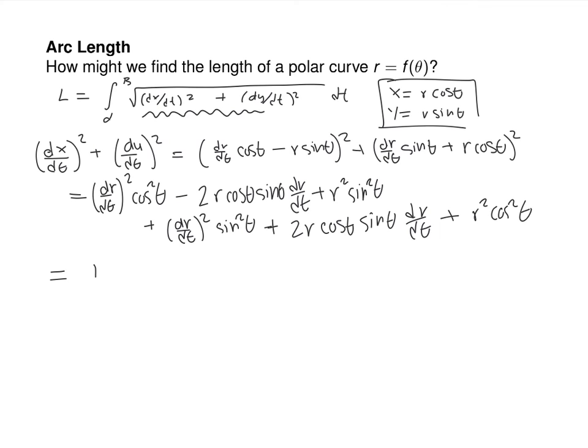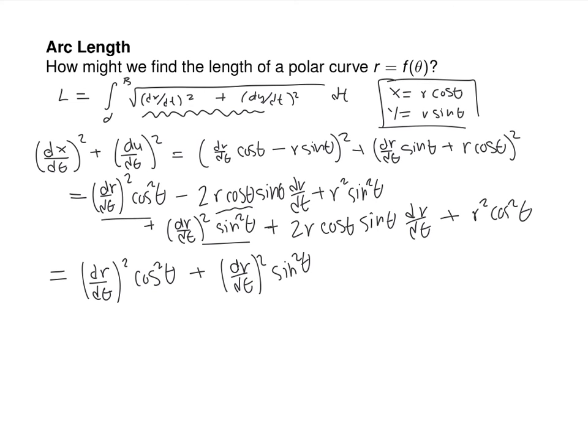We have dr d theta, the quantity squared, times cosine squared theta. We have a dr d theta squared times sine squared theta. This has canceled with this. We also have a plus r squared sine squared theta and a plus r squared cosine squared theta.